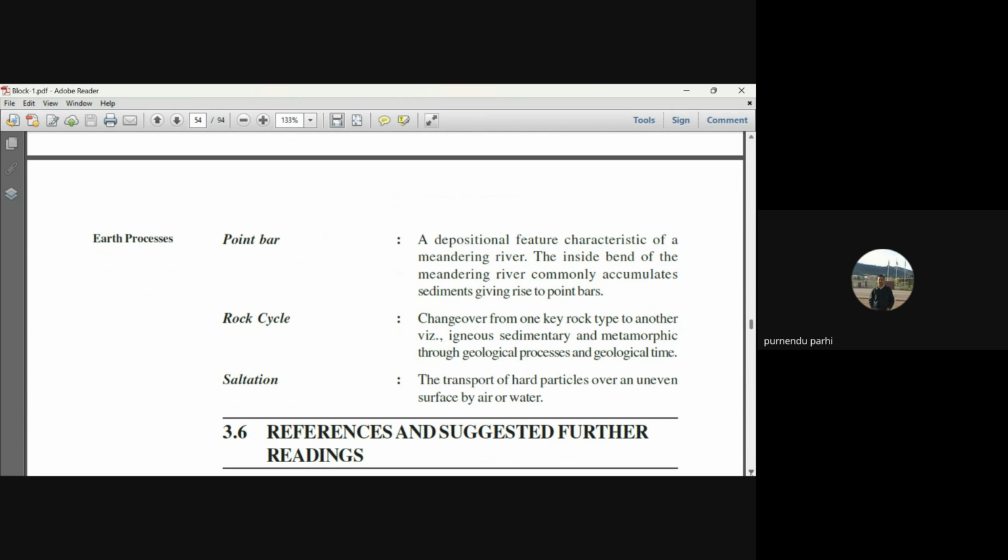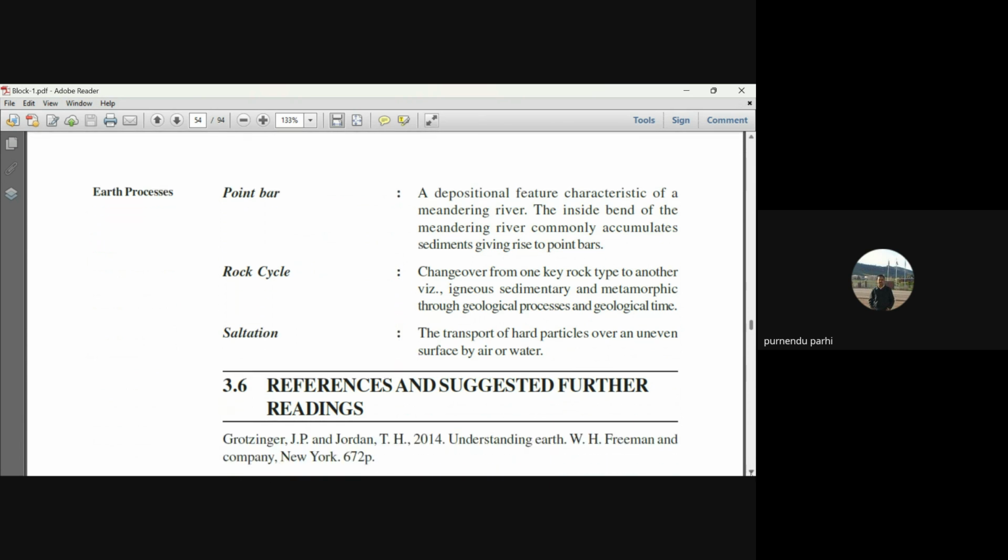The inside bend of the meandering river commonly accumulates sediments giving rise to the point bars. Then rock cycle, change over from one key rock type to another, igneous, sedimentary, and metamorphic, through the geological processes and geological time. Saltation, the transport of hard particles over an uneven surface by air or water.